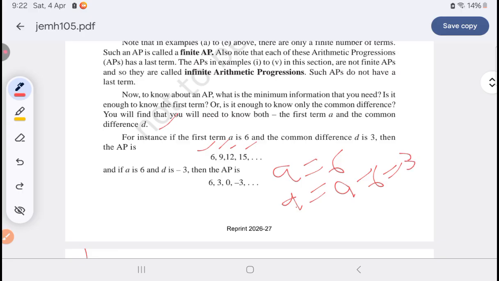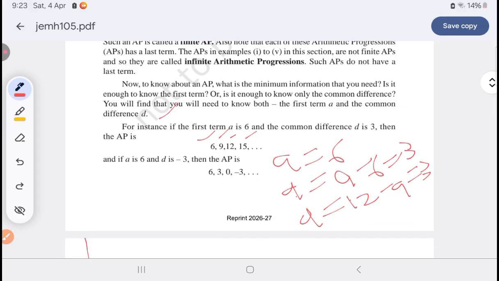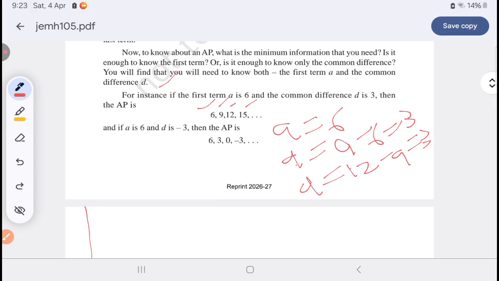Then the next, 12 minus 9, is also 3. So the first term is 6 and the common difference is 3. So it is in AP.